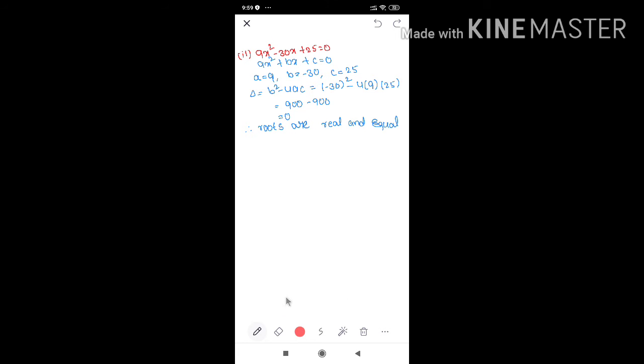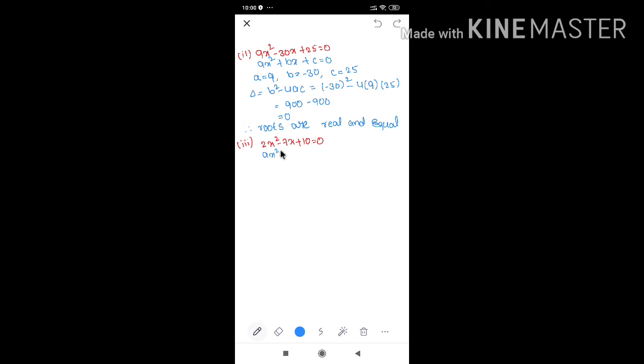Next question, number 3. All models we are doing: 2x² − 7x + 10 = 0.